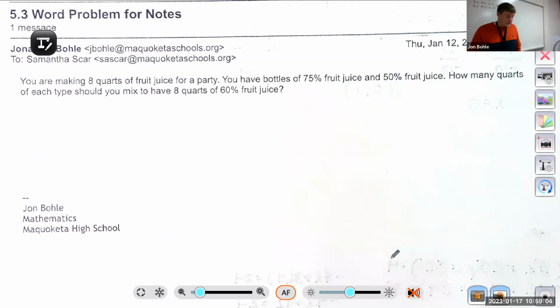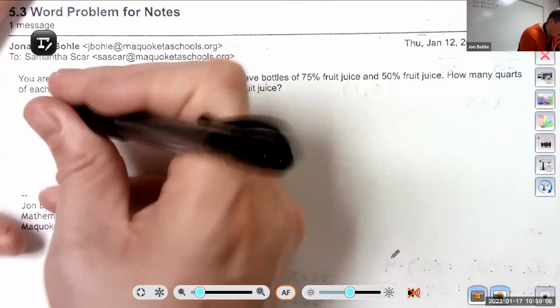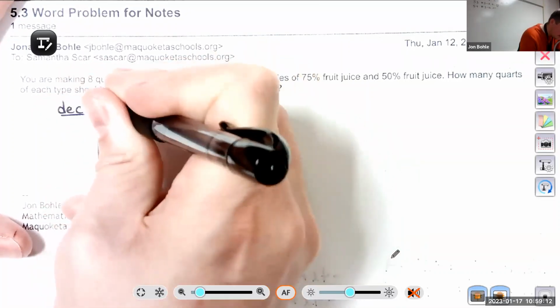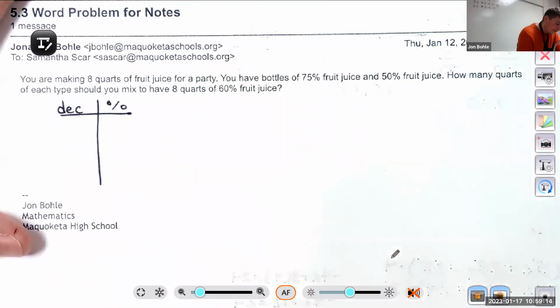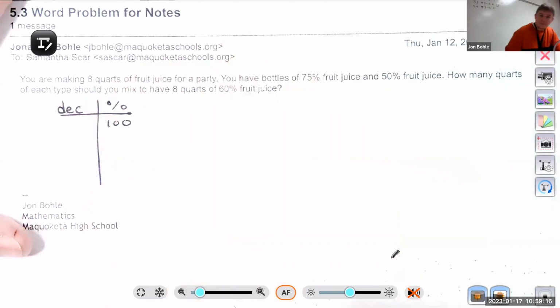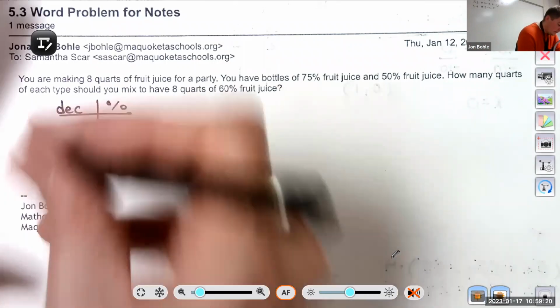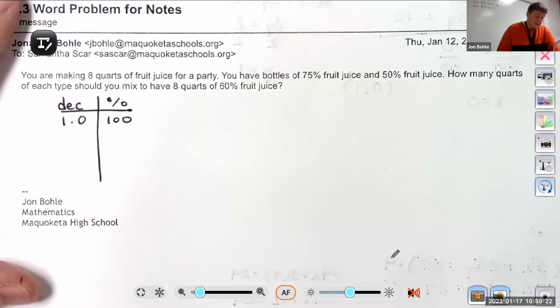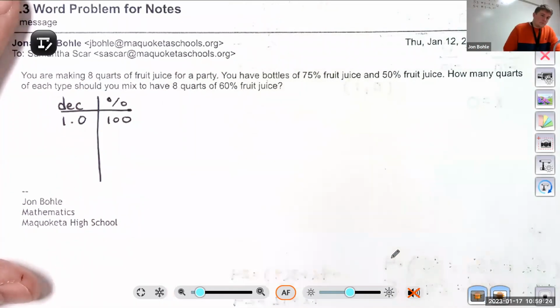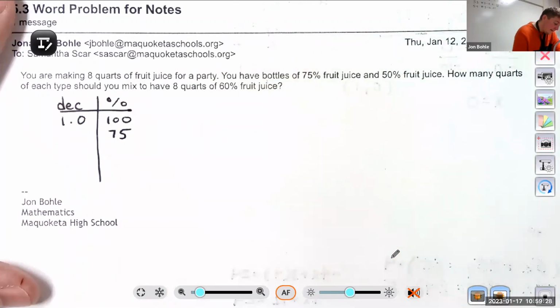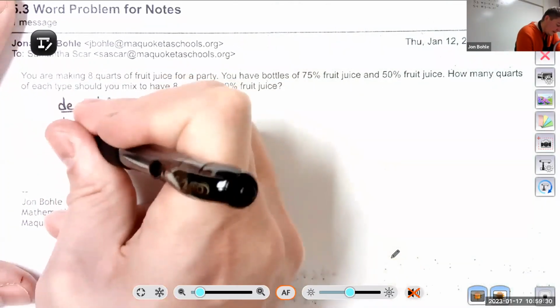Okay, so there's 2 things that we need to work on. We need to make sure we understand what decimal represents what percentage. So if I have 100%, does anybody know what decimal represents that? 1, just like the whole number 1. But if I have 75%, what decimal is that? Yeah, 0.75.